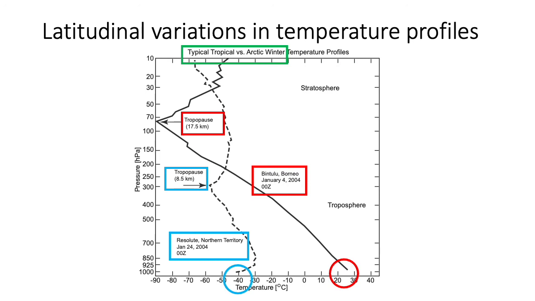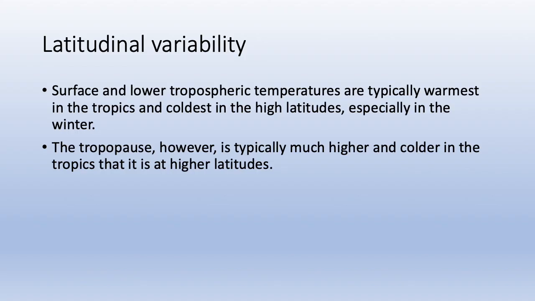So what we're seeing here is a warmer, lower tropopause for the cold Arctic winter profile, and a high, cold tropopause for the warmer tropical profile. The takeaway here is that you see the same kind of behavior in the tropopause height and temperature and its relationship to surface temperature as you do for seasonal variability in middle latitudes.